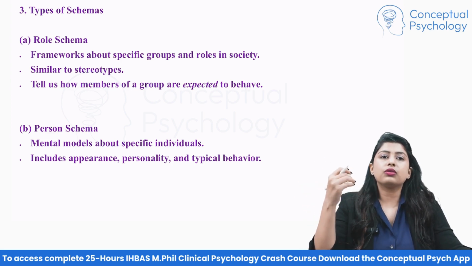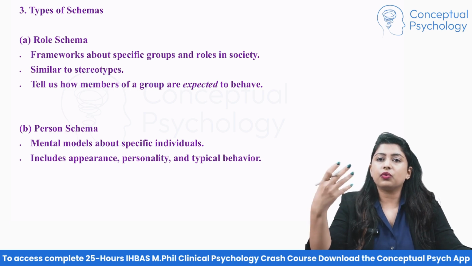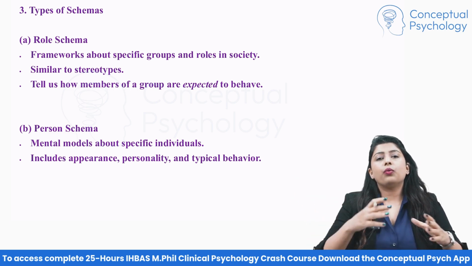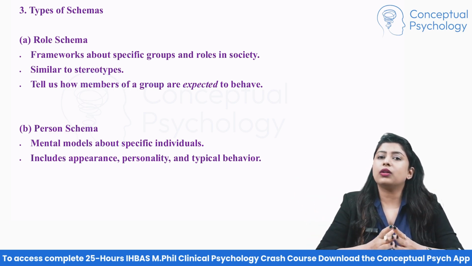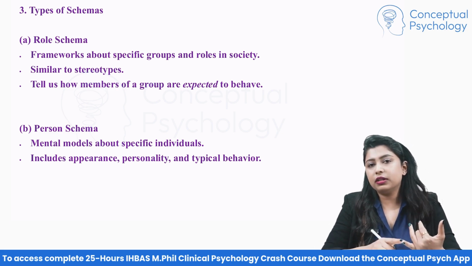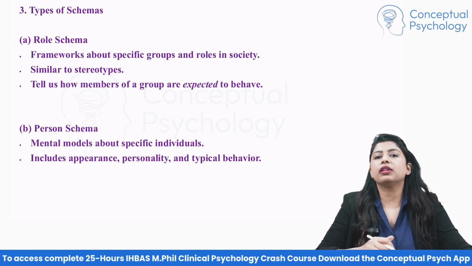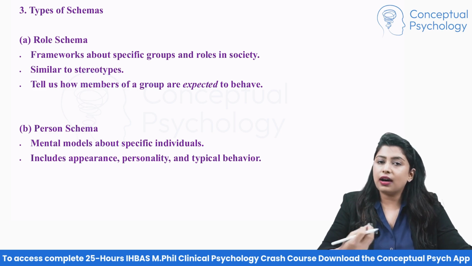And then we also talk about the behavioral patterns, how someone usually acts. So, when you see a doctor in a white coat, your schema tells you that they are knowledgeable, they are trustworthy, and they are professional even before they speak to you. So that's how the schemas get activated.